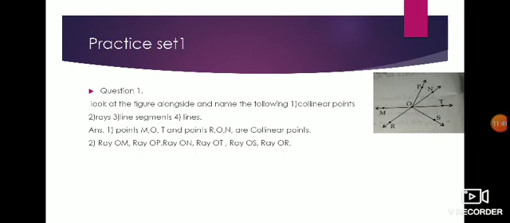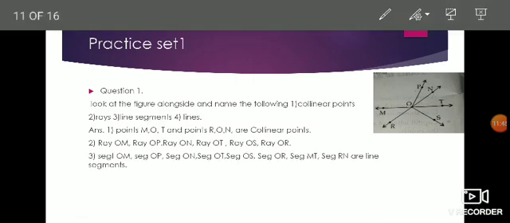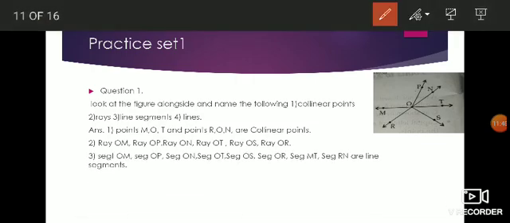Now next is line segment. Line segment means what? A part of a line is called a segment, and a segment has a starting point and an end point. See here, segment OM, segment OR, segment OS, segment OT, segment ON, segment OP are segments.